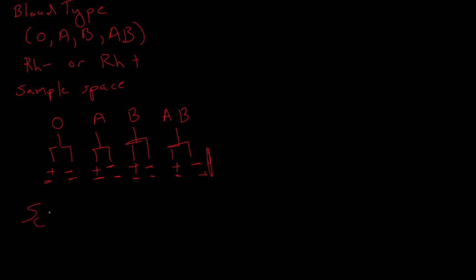And for lack of better notation, I'll write it as O positive, O negative, A positive, A negative, B positive, B negative, AB positive, and AB negative. And so I've now made the sample space for a random blood test. I could do a random blood test, and my outcomes would be drawn from that sample space.